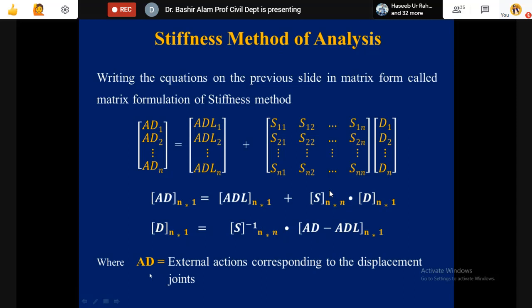Let's define these terms. AD is the external actions corresponding to the displaceable joints. At DRS, that was the external displacement or pre-displacement corresponding to the redundant action. Here it is the external action corresponding to the redundant displacement.